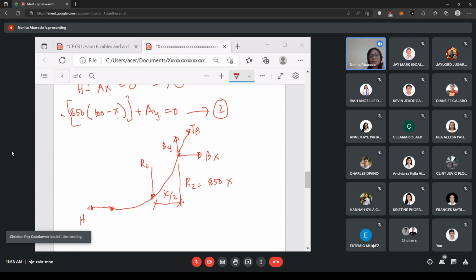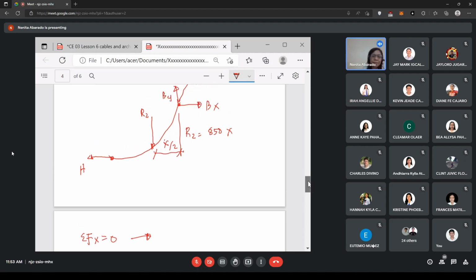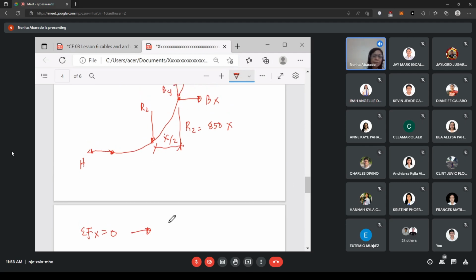Let us have the equations here. For our equations, the summation of forces horizontal is equal to 0. Later we can take moments because we need more equations. So we have minus H plus BX is equal to 0. That is equation 3.